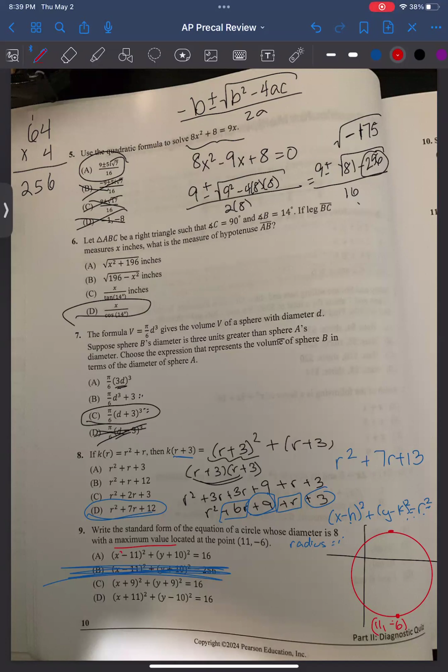Point is that my point needs to be moved into the center. So if my radius is 4 units, I have to move down 4 units because I'm at a maximum, meaning I'm at the top of my circle at 11 comma negative 6.